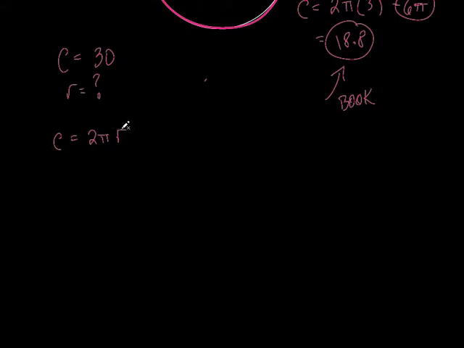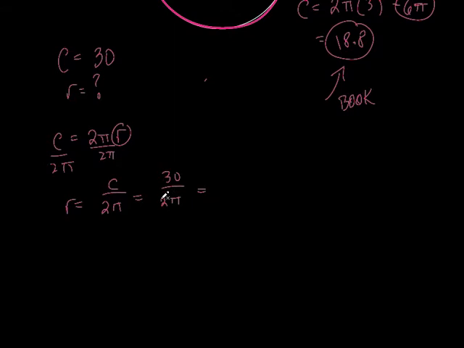So look, if I want to get r by itself, let's do a little algebra before we throw some numbers in. This is what I like to do. What would the algebra be? How would I get rid of 2 pi? Divide by 2 pi. So watch. If I divide this by 2 pi, divide this by 2 pi, that's the radius. The radius is circumference over 2 pi. So you just throw the number in now, right? 30 over 2 pi.